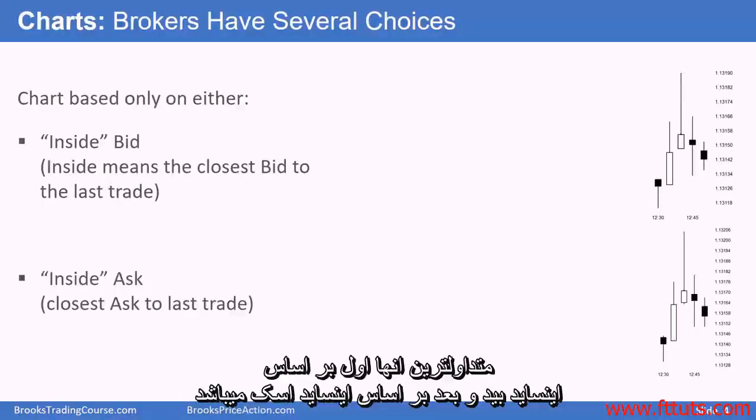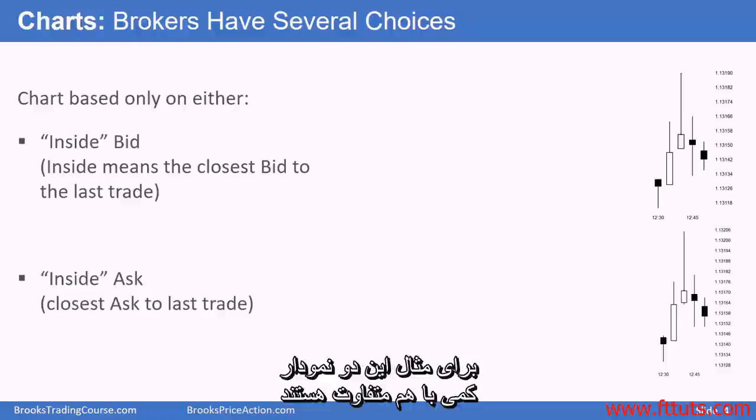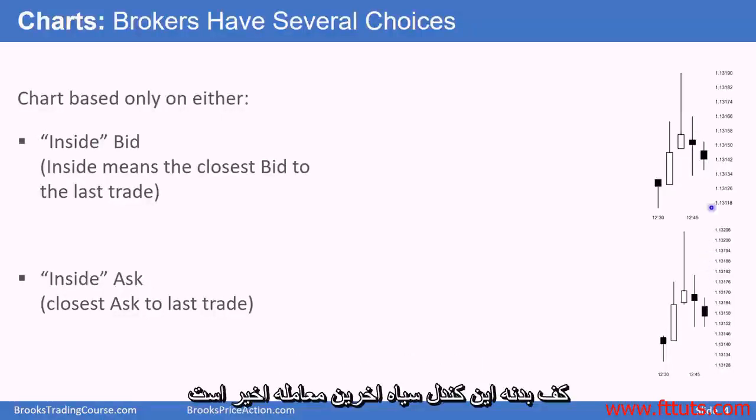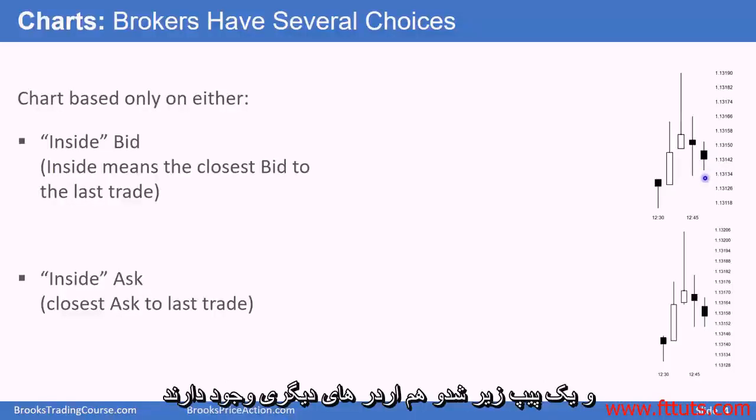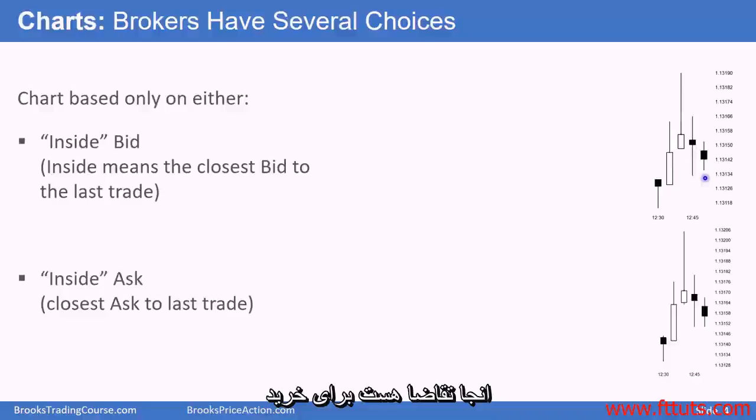The most common charts are either based upon the inside bid, which is more common, and then the inside asking price. For example, here are 2 charts. The prices are actually slightly different. The bottom of this black rectangle on this bar is the final, most recent trade. Right below it, 1 pip below, there are orders wanting to buy there. And a pip below that, there are other orders bidding there. A pip below that, other orders bidding there.